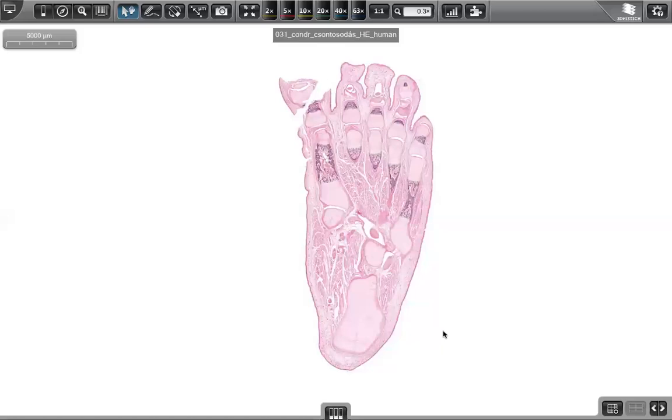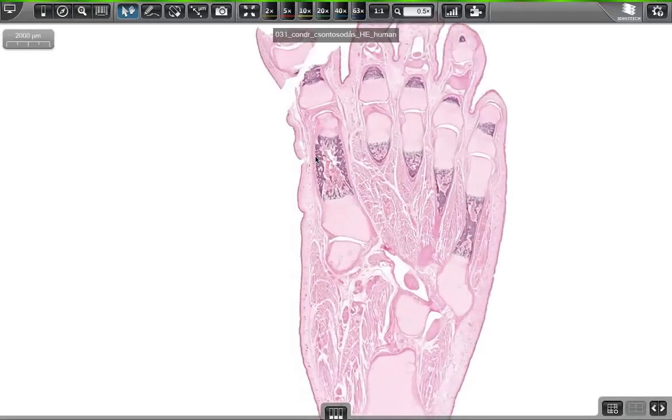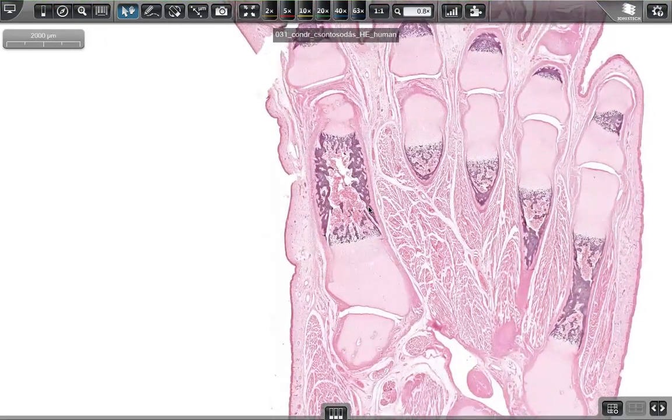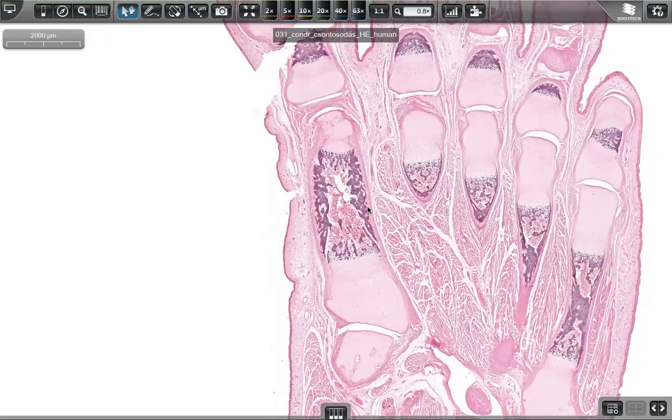That's the other type of ossification. And there we can see the metatarsal. So you remember when we covered these topics, the main difference between the intramembranous and endochondral ossification, the exact framework.